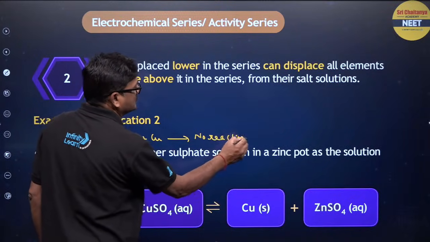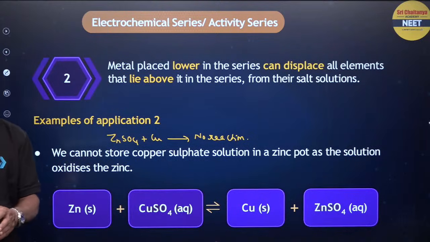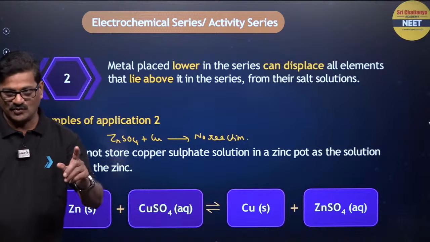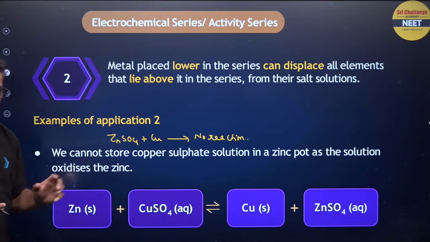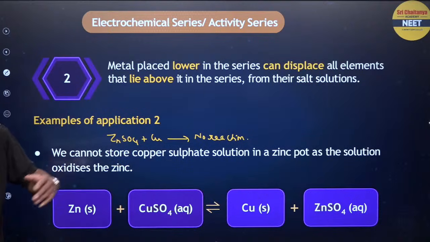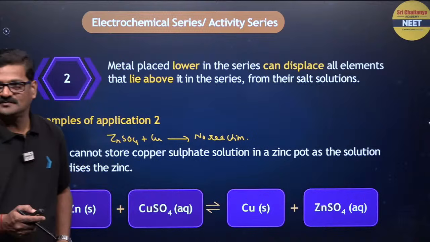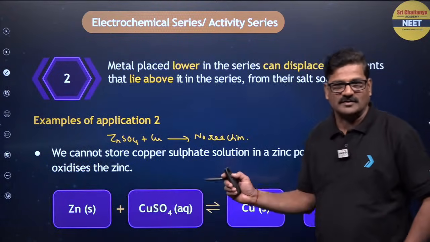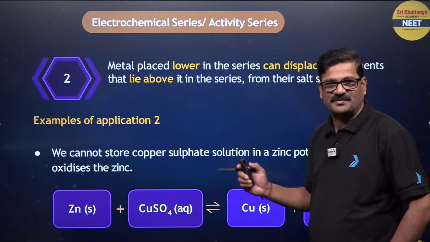There is a logical question: can you store zinc sulfate in a copper vessel? Yes, you can store it, but you cannot store copper sulfate in a zinc vessel because the reaction is going to be spontaneous, isn't it? Clear, bacho? So based on this particular application, you are going to get an examination question from the CBSE paper.